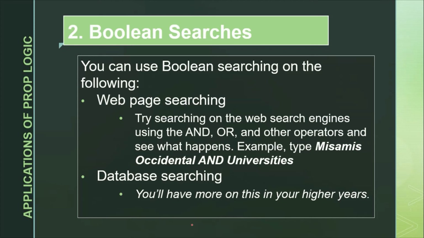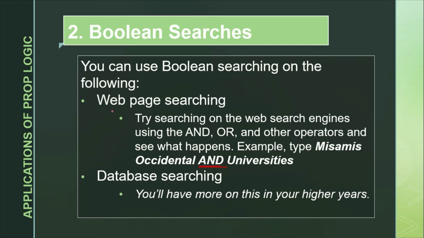If you check your searches, below you will see results that must include university. But when you specify an and, try this: it should be Misamis and Occidental and University in the search.